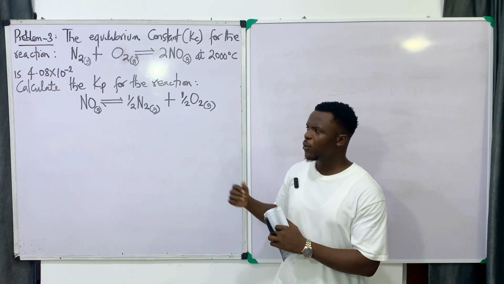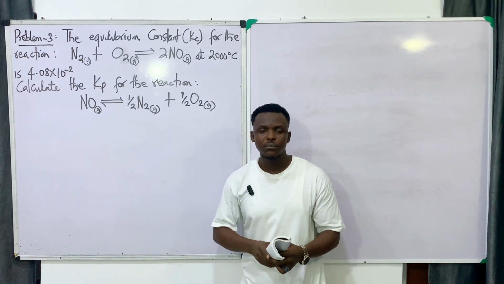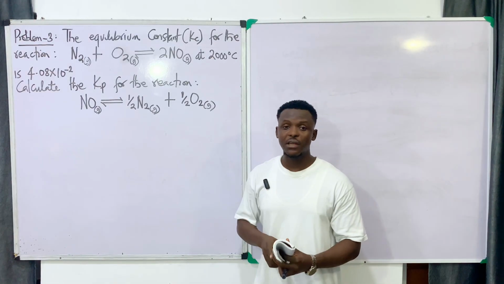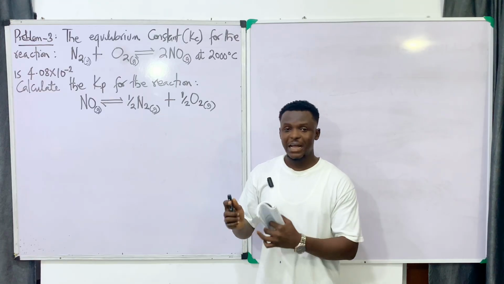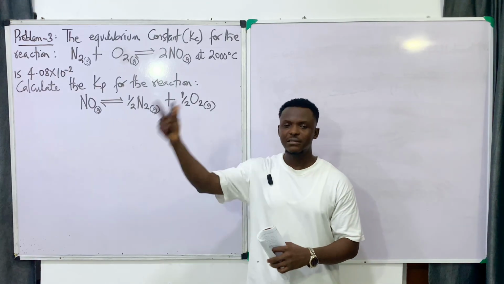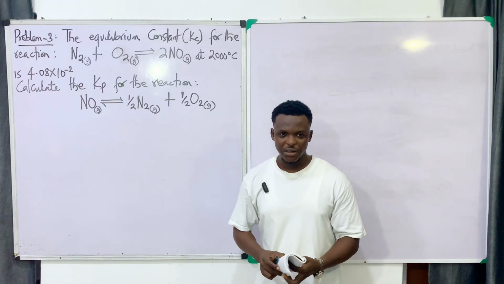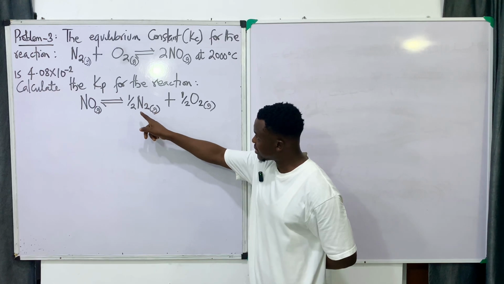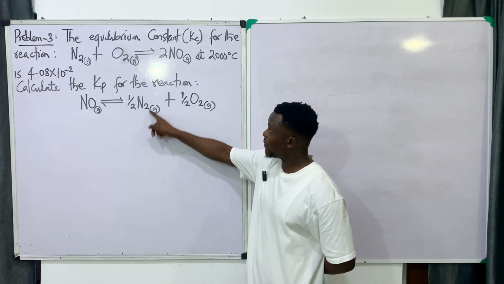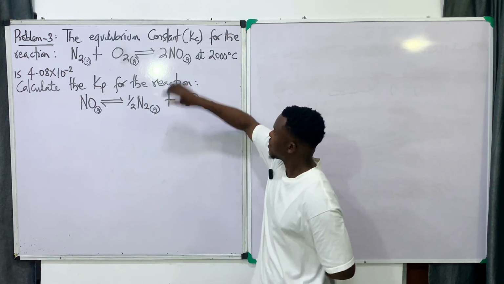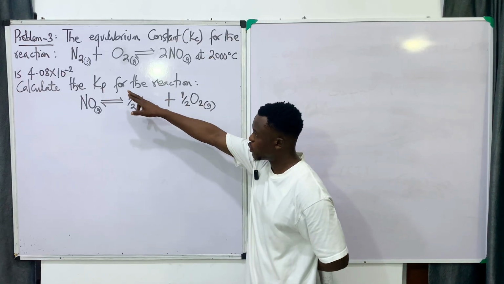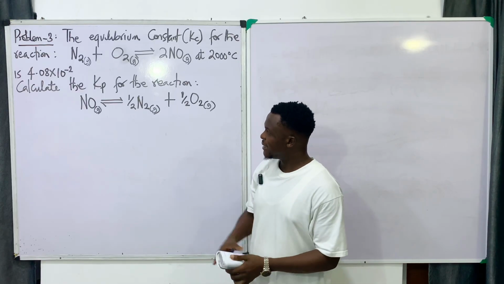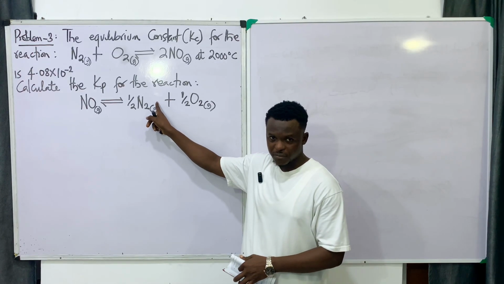So if you could recall, when we started chemical equilibrium, I told us that there are cases where they'll give you equilibrium constants and a reaction, and you're asked to use that to find the equilibrium constant of another reaction. So this is what you're going to do. First, if you notice, this equation here is a reverse of this equation, which means if I reverse the equation that the Kc is given for, I'll get this. So first thing first, I need to get the Kc of this reaction.